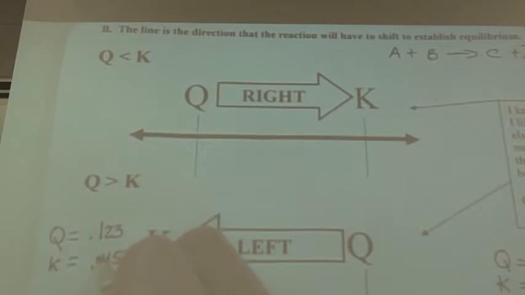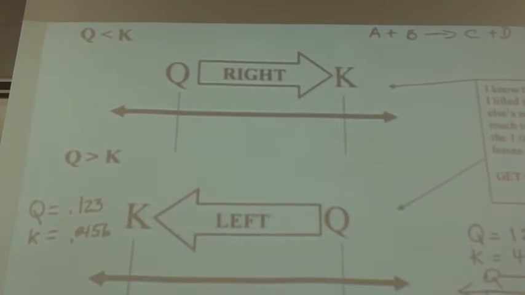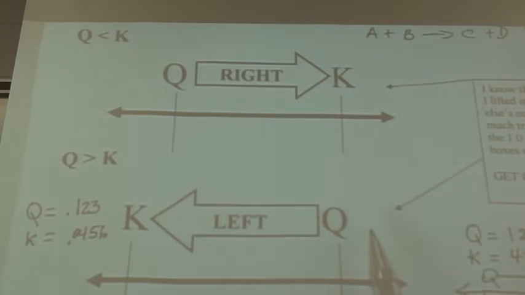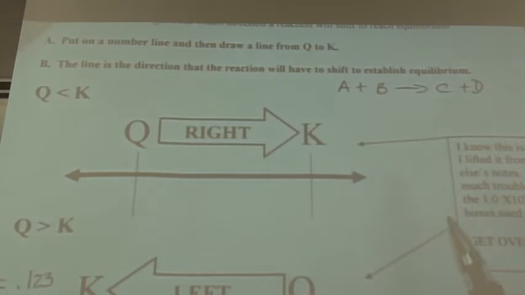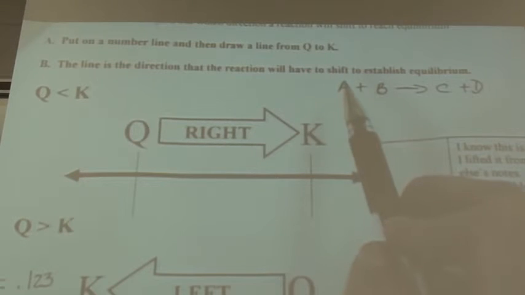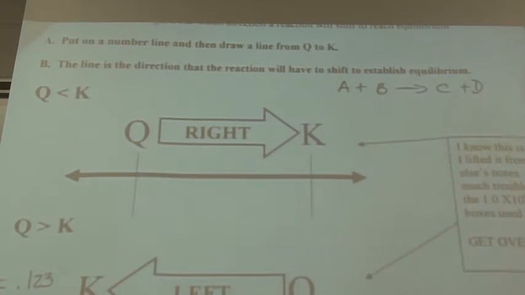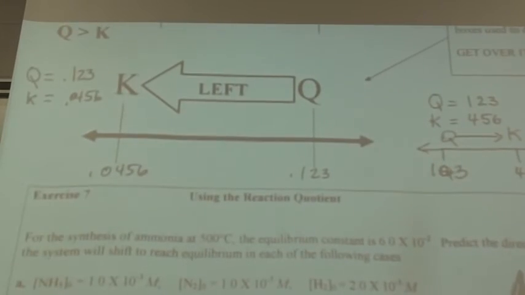Yes, I did. Okay, now everything's fine. So, here is K, here is Q. In order to reach equilibrium, we need to shift towards the left side of our reaction. I need more of this. I need more of this. Got it?